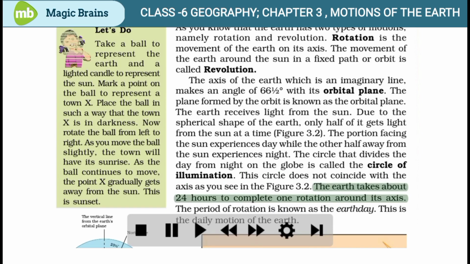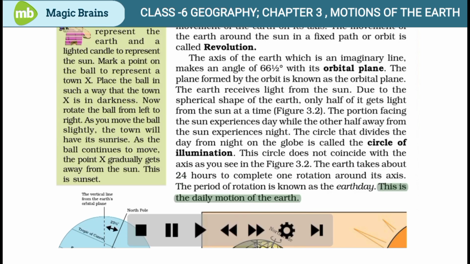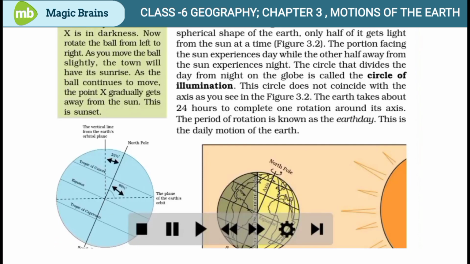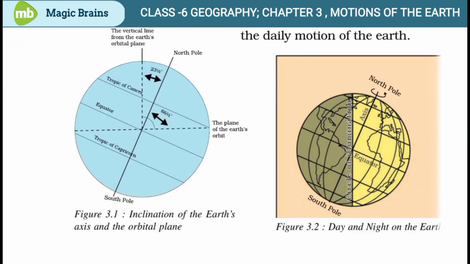The Earth takes about 24 hours to complete one rotation around its axis. The period of rotation is known as the Earth Day. This is the daily motion of the Earth. Figure 3.1 shows inclination of the Earth's axis and the orbital plane, wherein we see the North Pole and the South Pole.